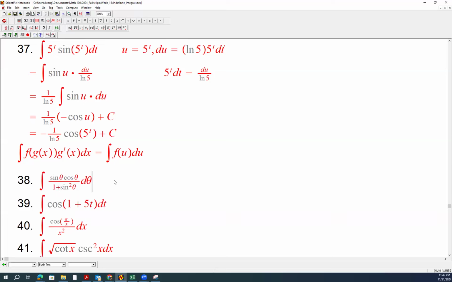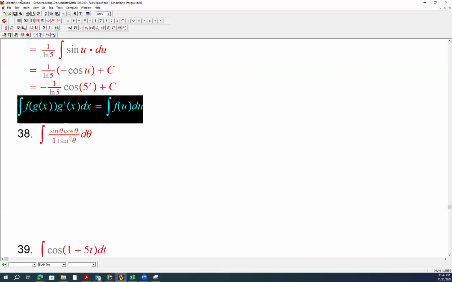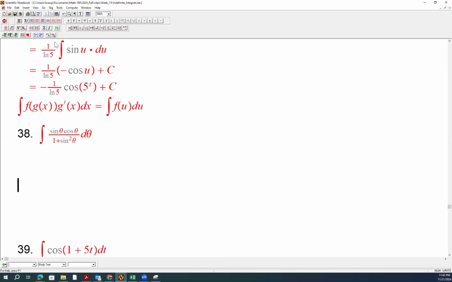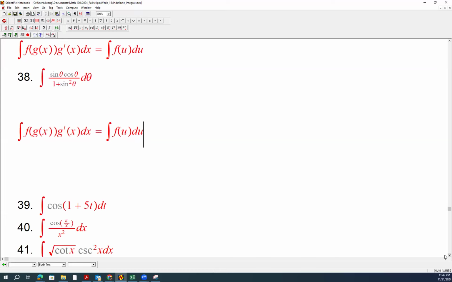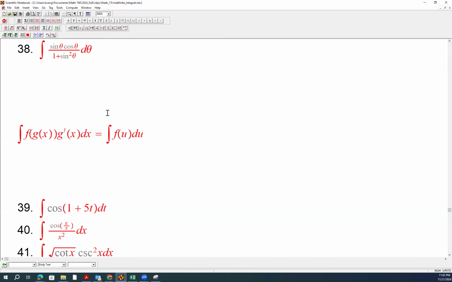Okay, 38. How are we going to substitute in this case? Think about it. I would take the entirety of the denominator and substitute.